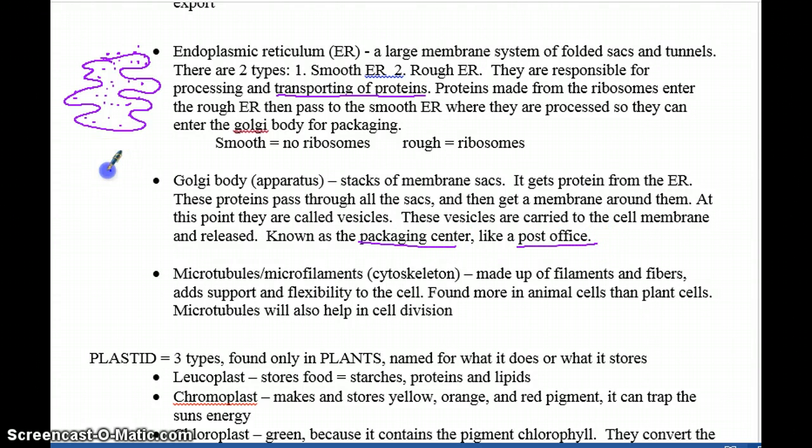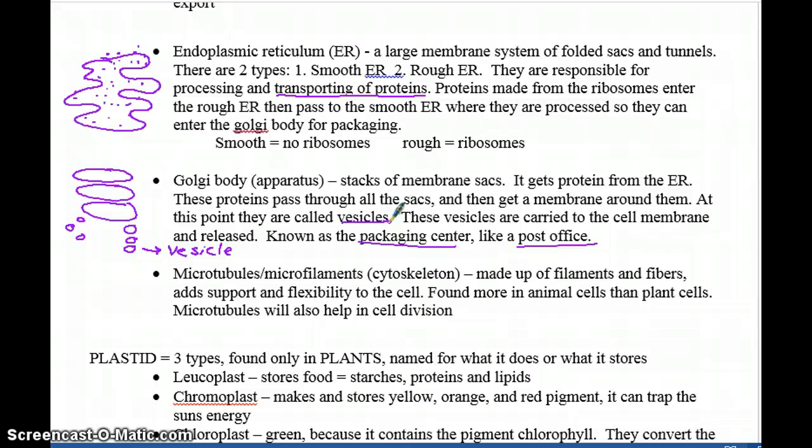And I tell students it looks like a stack of pancakes that has this syrup coming off of it. And the syrup, those are those packaged proteins. And then at this point, when they get packaged, they're known as a vesicle. Okay.